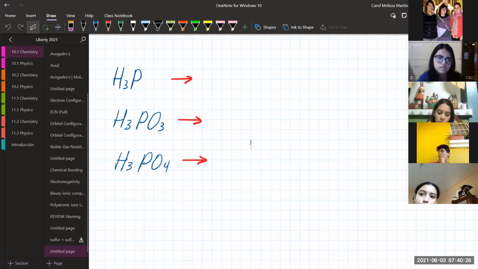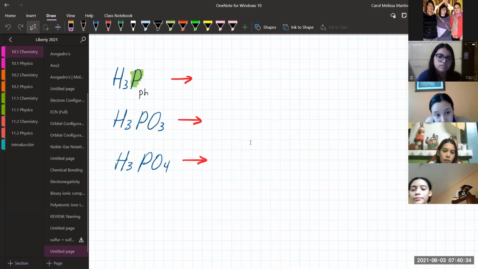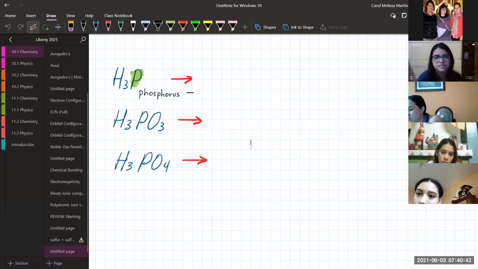A single P. Phosphorus. But the ion is called phosphide. Remember this. The ion is called phosphide, and the ide, my right.